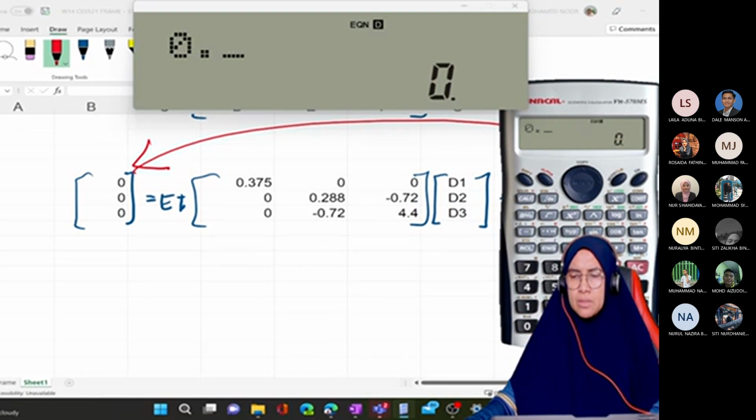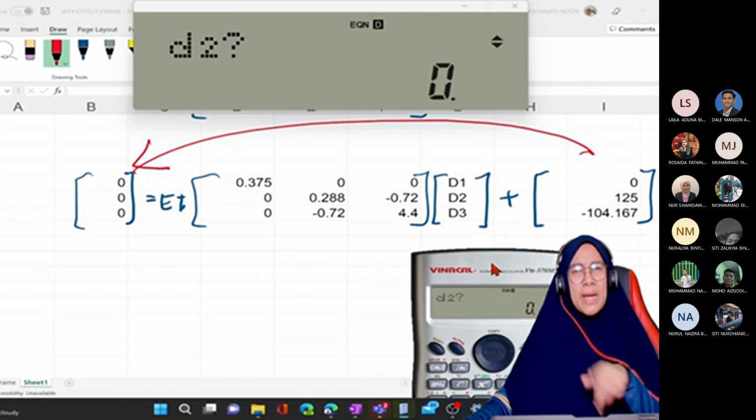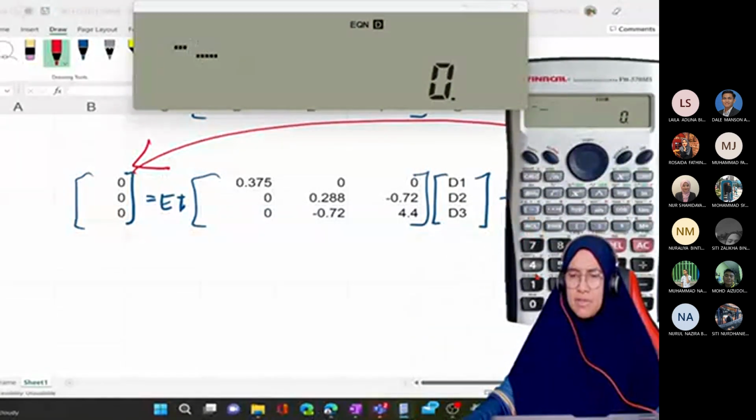Then 0.288. Then negative 0.72. And then it is 0 minus 125, it is negative 125.